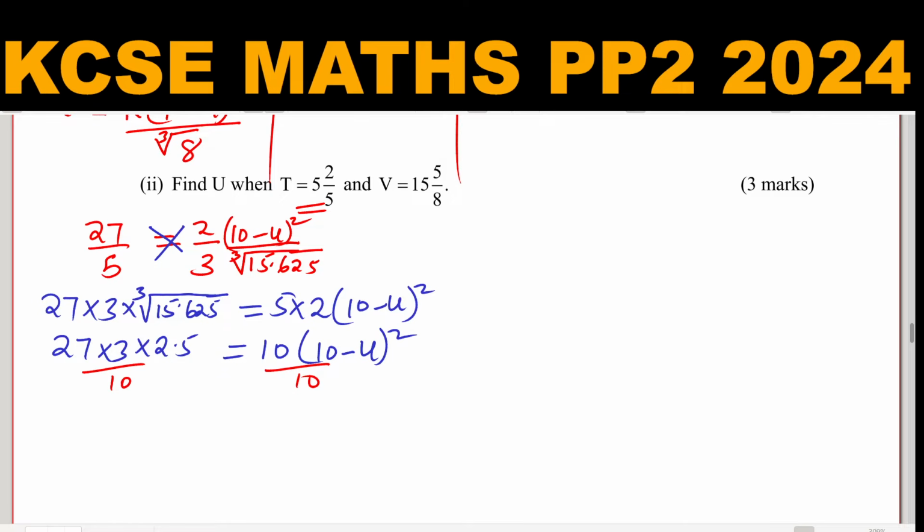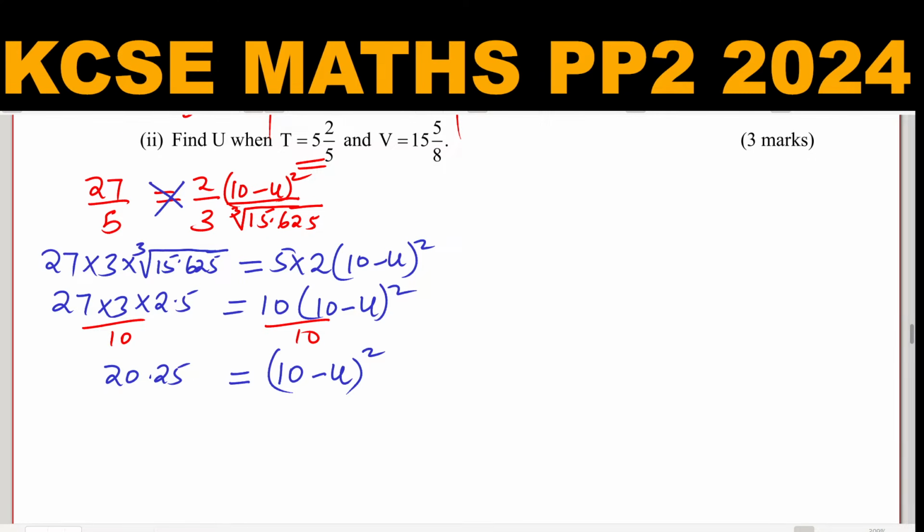Just simply use a calculator for that. So what are you going to get there? You're going to get 20.25. 20.25 is equal to 10 minus U squared.